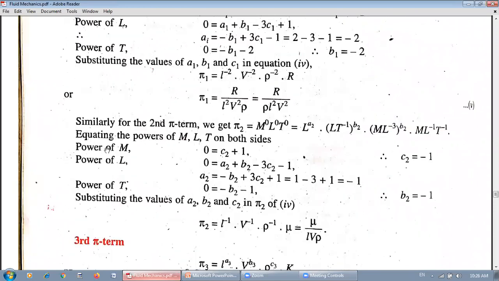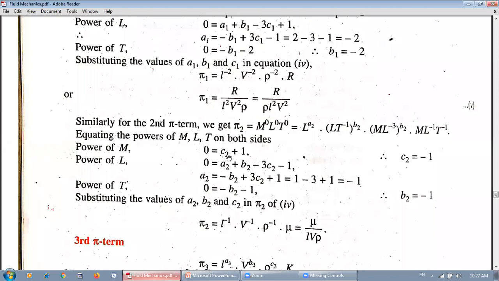Again, you have to equate the powers of MLT on both sides. So the power of M on the left hand side is 0, which is equal to, now M is here, so it is plus C2 and plus 1.